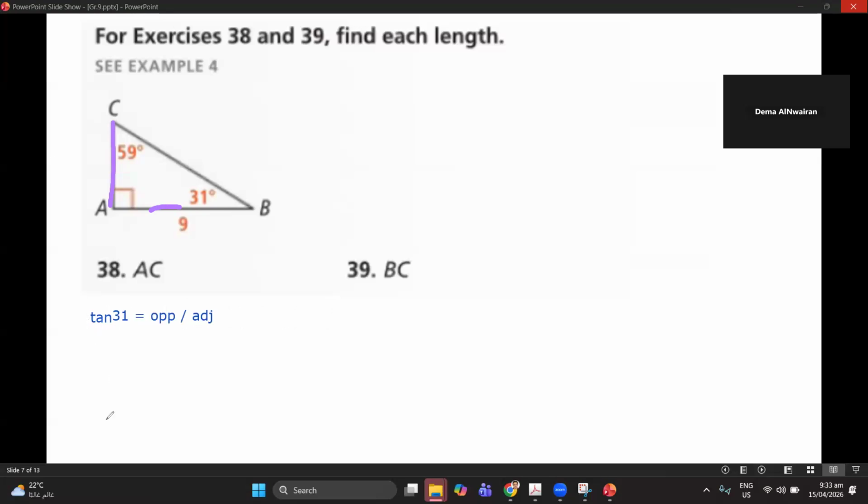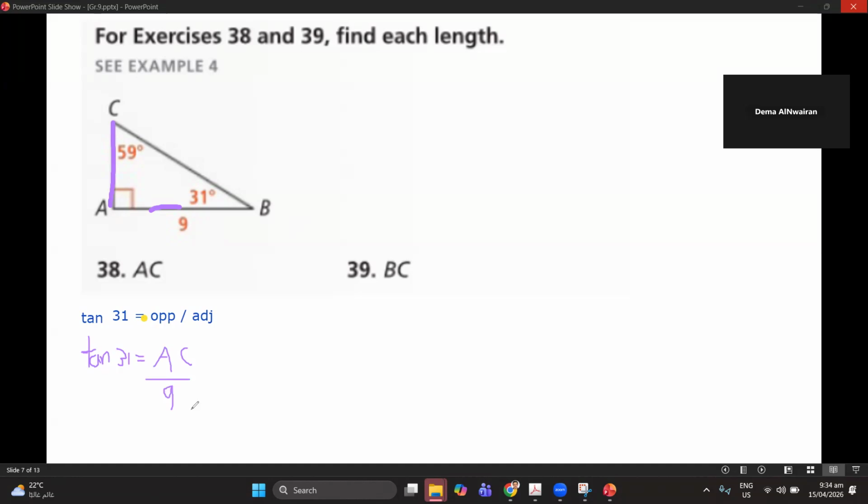So here let's replace: tan of 31 equals. For angle B, what's the opposite? AC over the adjacent, which is 9. Excellent.